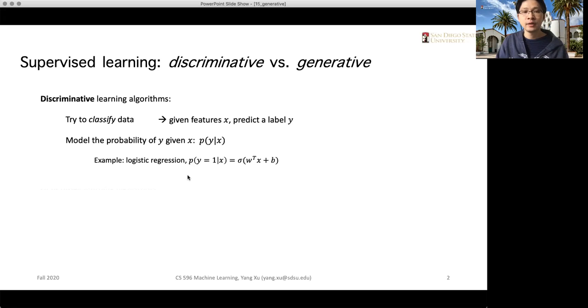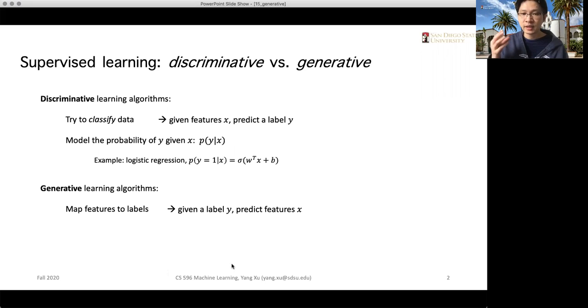And on the other hand, the generative paradigm, or the generative learning algorithms, actually swap the sequence of y and x. It's not to classify data, but given a label y, we want to predict the features, but in a slightly different style.